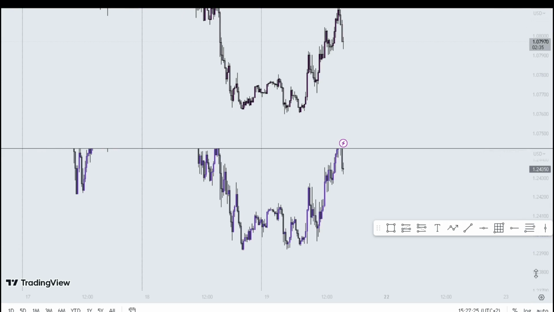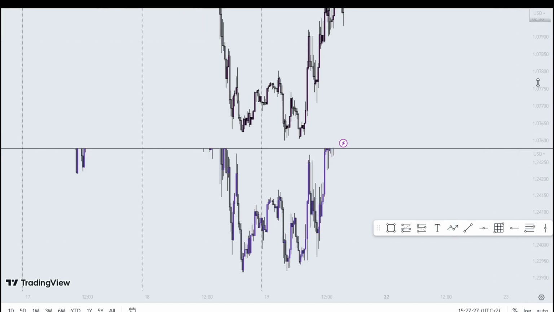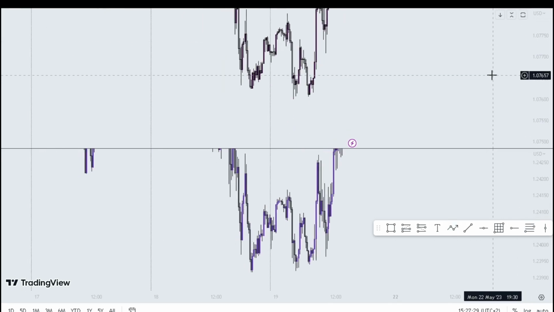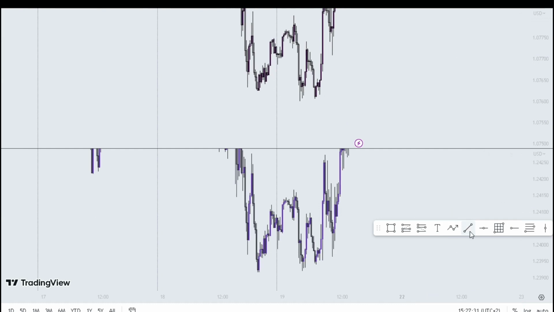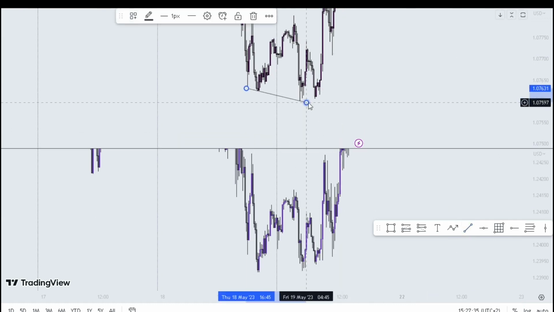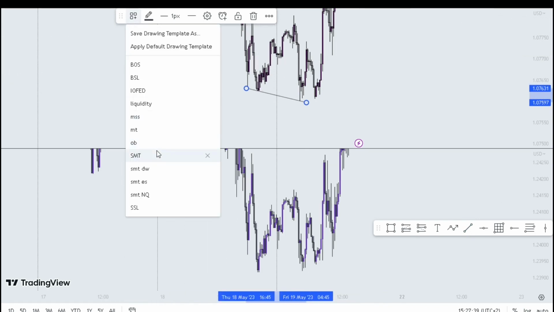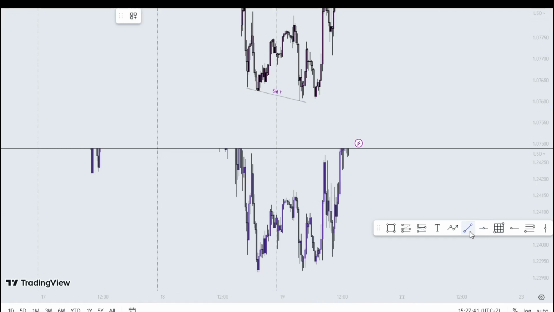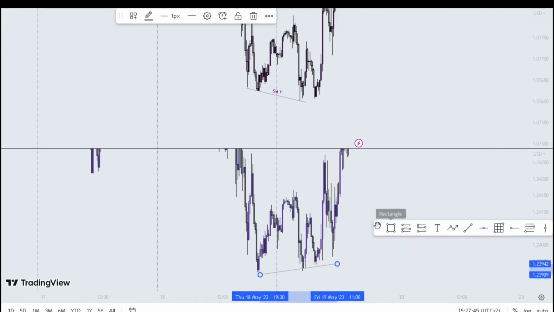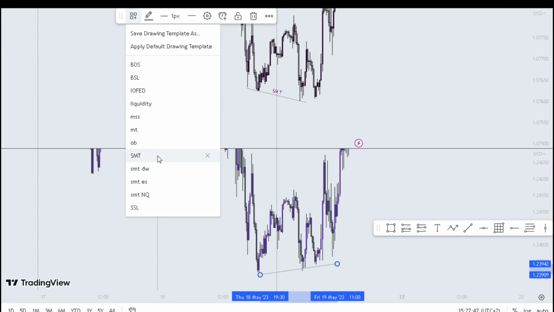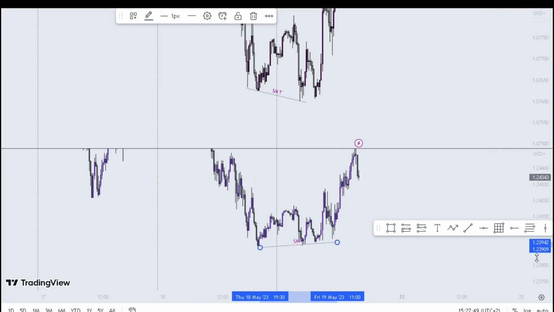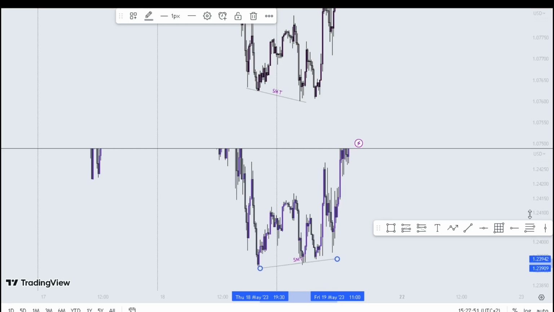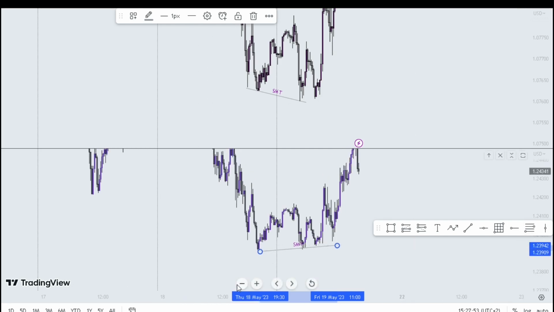So if you look closely, you will realize that they're diverging slightly. On EUR USD we have a lower low, but on GBP USD we failed to make that lower low. So we have a higher low, so that is our divergence.